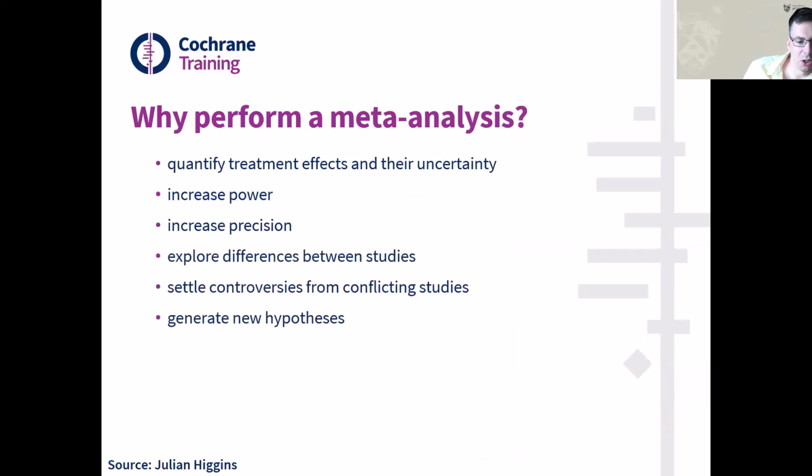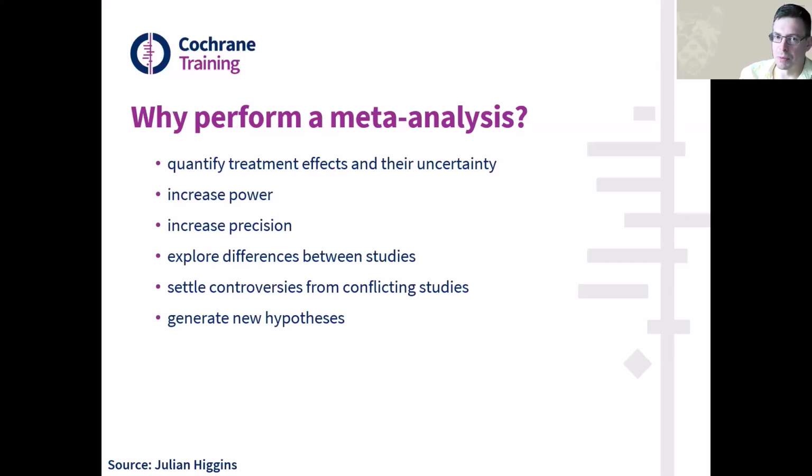So why do we do it at all? What's the point of trying to do this averaging or summarizing across a systematic review? Why don't we just use the numbers that are in each study? So obviously, an important initial step is just to look at the results of the studies.